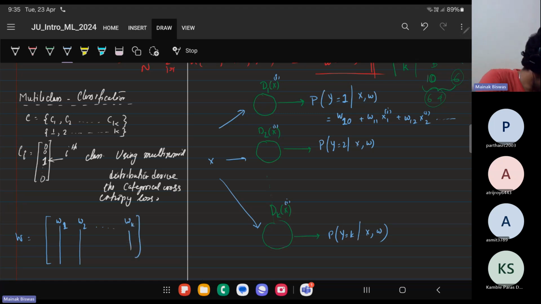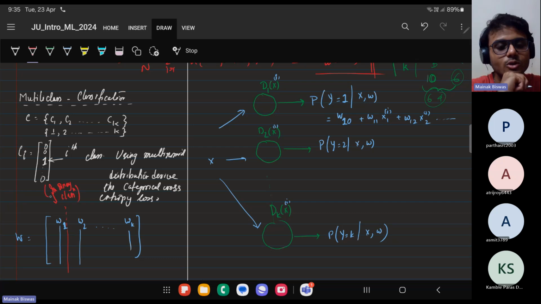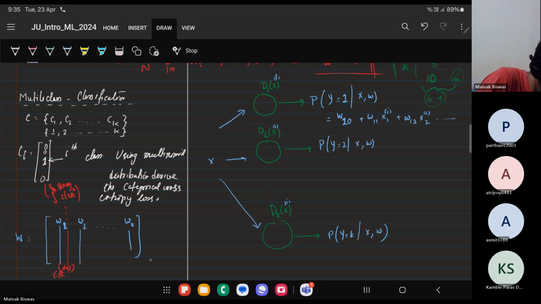Previously, in binary classification, I had only one W, a vector in R^(d+1). Now it is d+1 cross k.